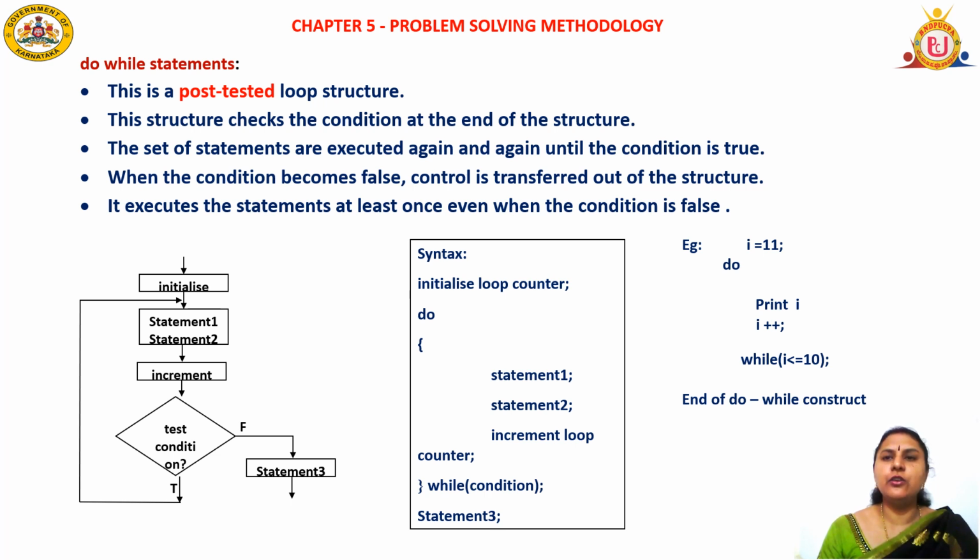That is I value here in this program, after execution it becomes 12. So if the condition is false, it will come out of the loop, but it will print at least once the I value, that is 11. So next, if it is false, it will come out of the while loop. So we will close the while using end of do while statement.